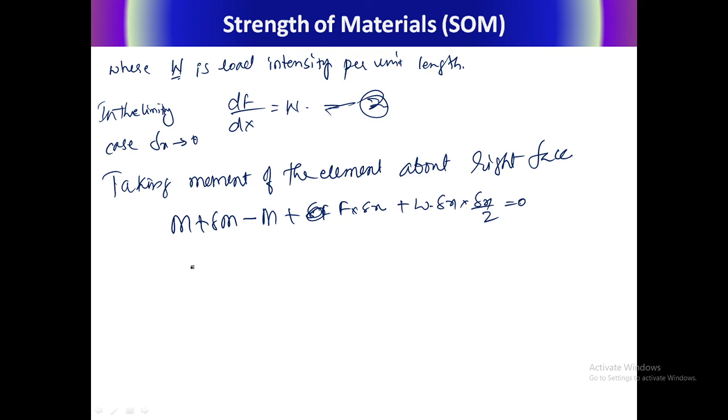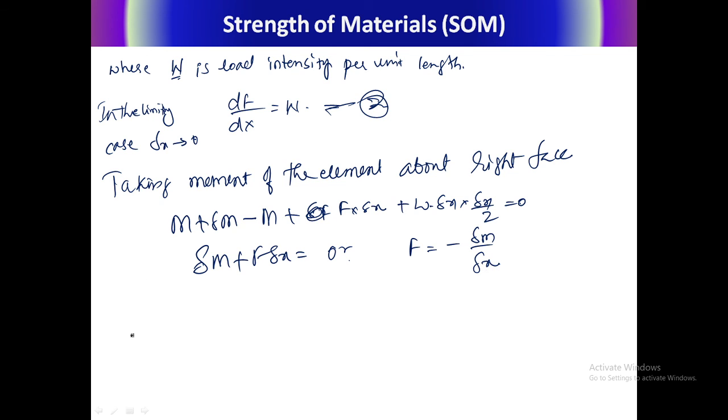If you neglect the higher order terms, we get delta M plus F delta x equal to 0, or F equal to minus delta M by delta x.